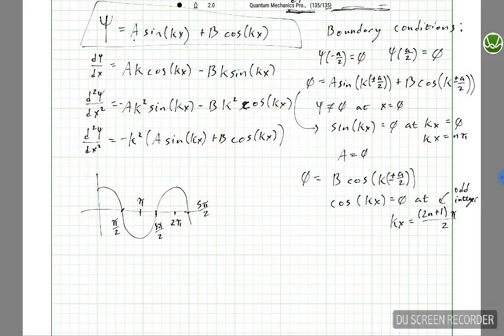So what we have is a equals 0. Our wave function is some constant b times cosine kx, where we know that kx or k is limited in that way.